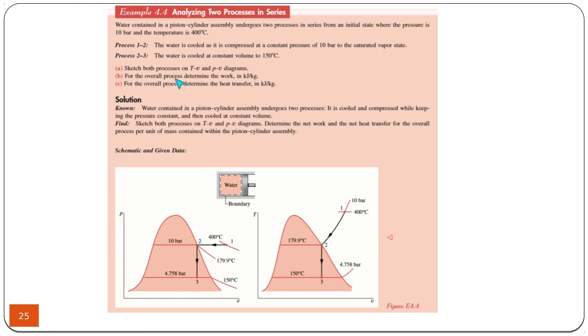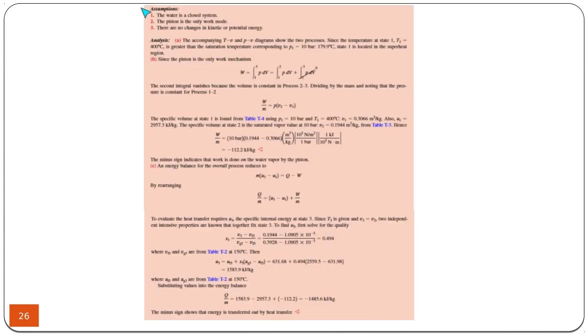The overall process work, so the work done during the processes 1 to 2 and 2 to 3. Also, the overall heat transfer during the processes, so heat transfer during the process 1 to 2 and 2 to 3. We have two separate processes: from 1 to 2, which is under constant pressure, then 2 to 3, which is under constant volume.